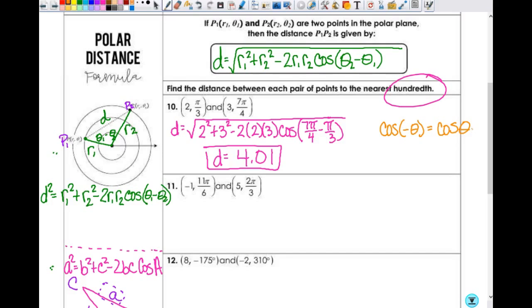All right, I want you to do number 11. I want you to write it down, substitute it in, whole 9 yards. Did anybody have any issues? Let me know if you are, okay?